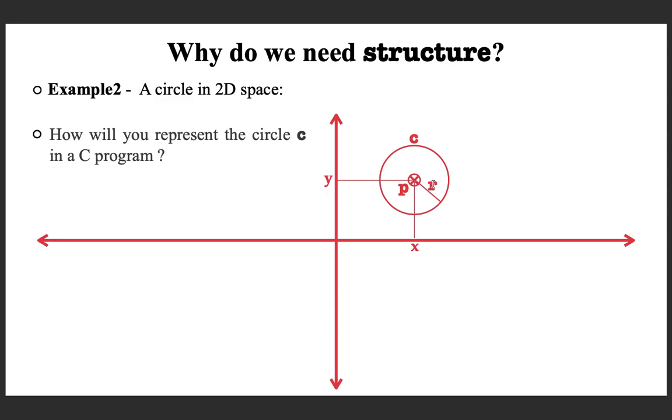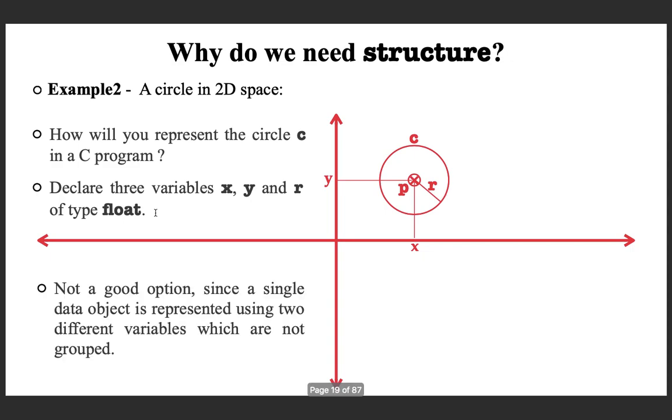So the center point and radius can uniquely identify a circle. Now you can have three variables x, y, the coordinates, and r, the radius, all of floating point type. This is one possibility, but here again it's not a good option because a single data object, which is a circle, is represented by three different variables. They are not related in memory.